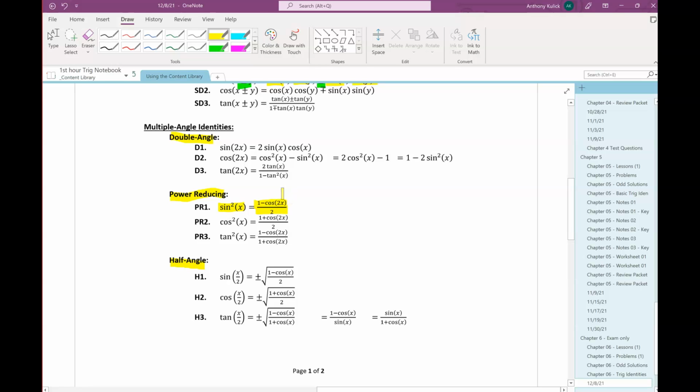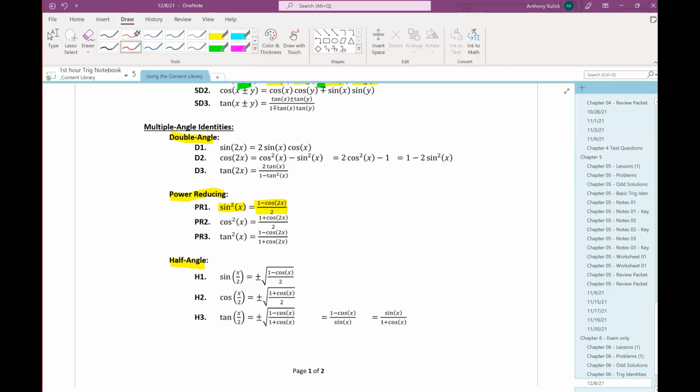Okay with that? So in our case, we don't have to worry about messing around with that angle inside of my sine squared at all. It's just part of the formula. So in our case, our x is 3 pi over 8. So I'm just going to be plugging 3 pi over 8 into the x on the other side of my formula.